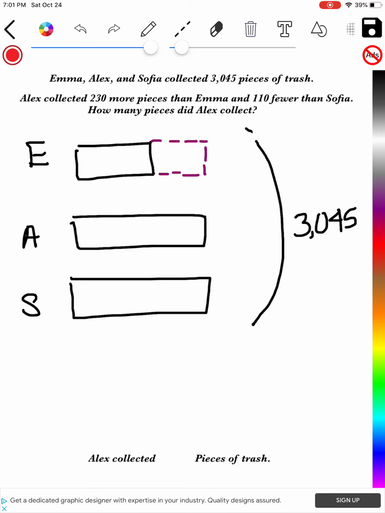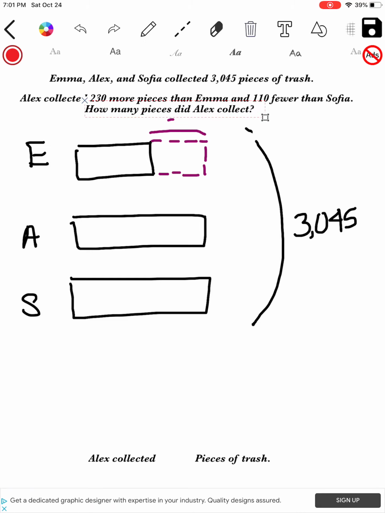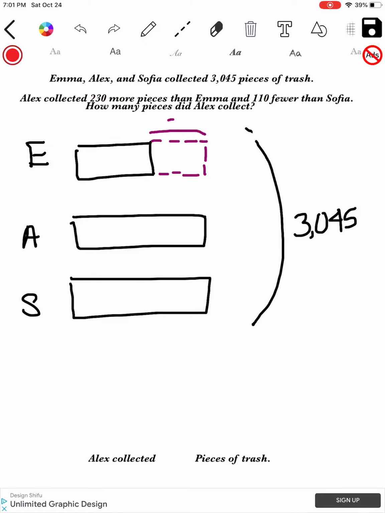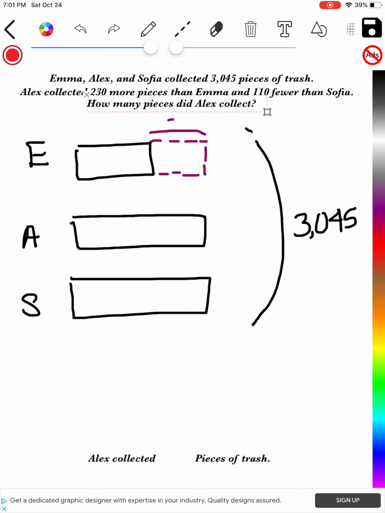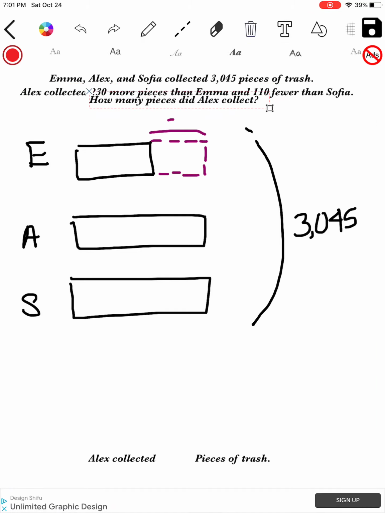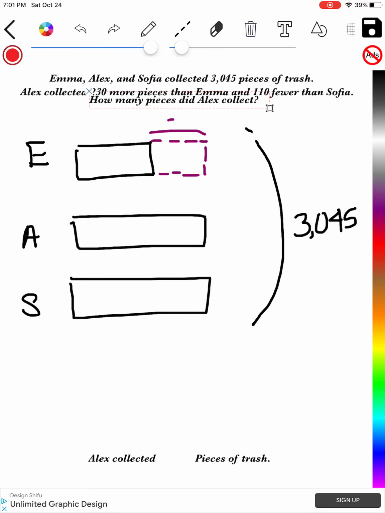That is the amount that is the difference between Emma's bar and Alex's bar, and we know already that that's 230. Oh, I gotta move him up. Oh man, sorry about that. 230. The next part of the problem goes on and we can actually draw more here.